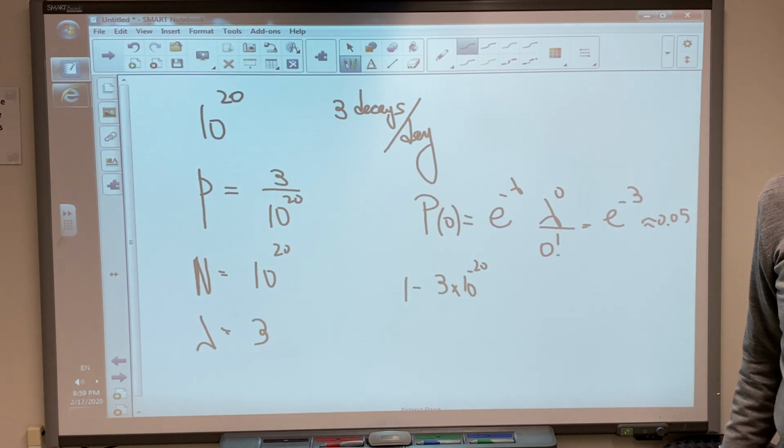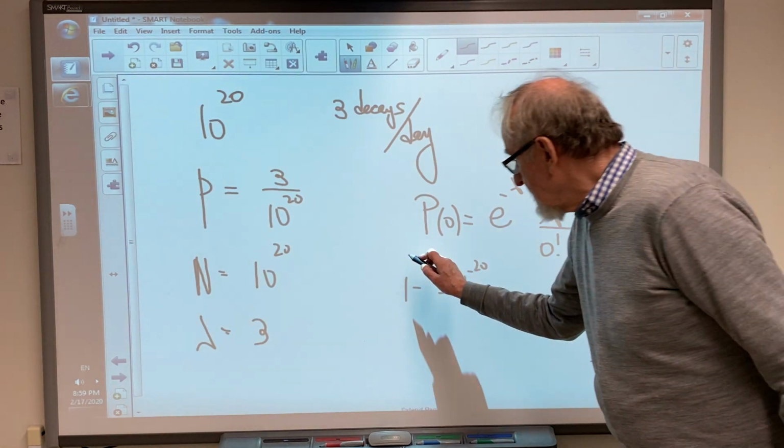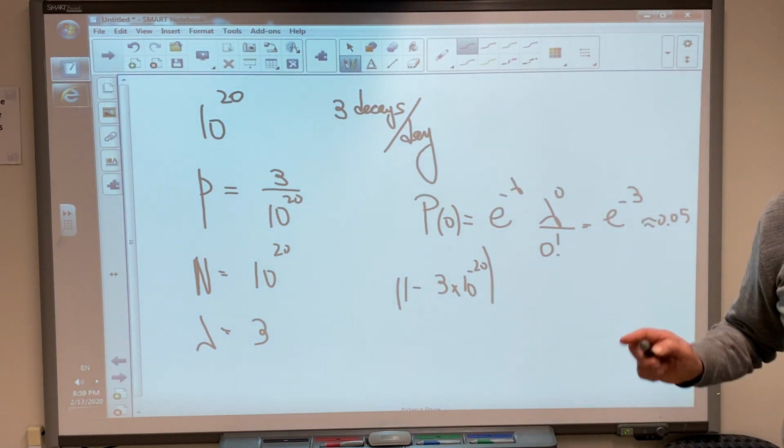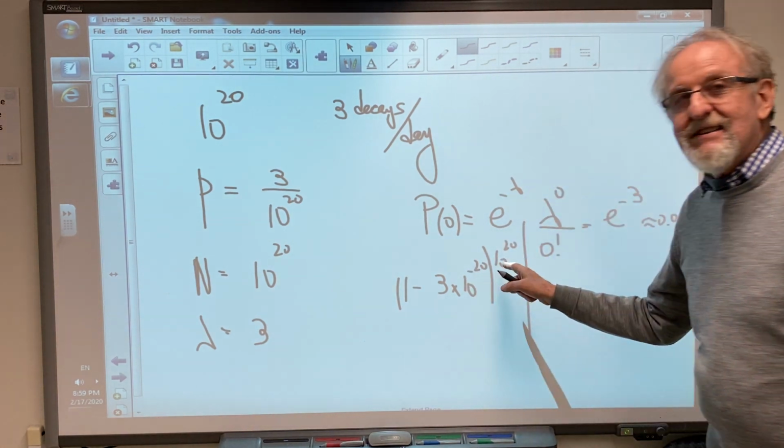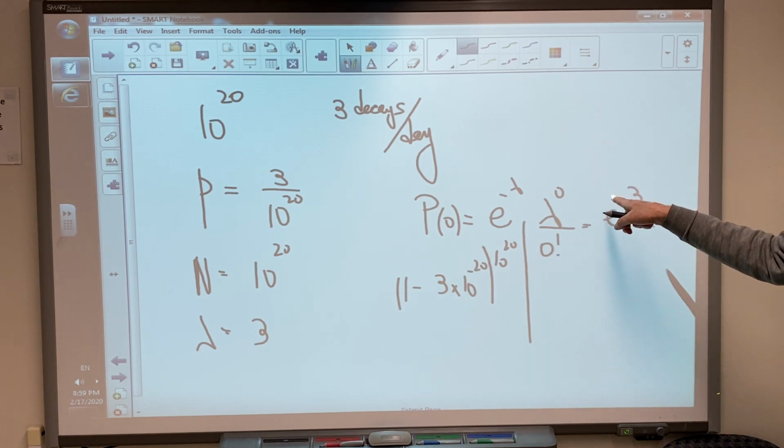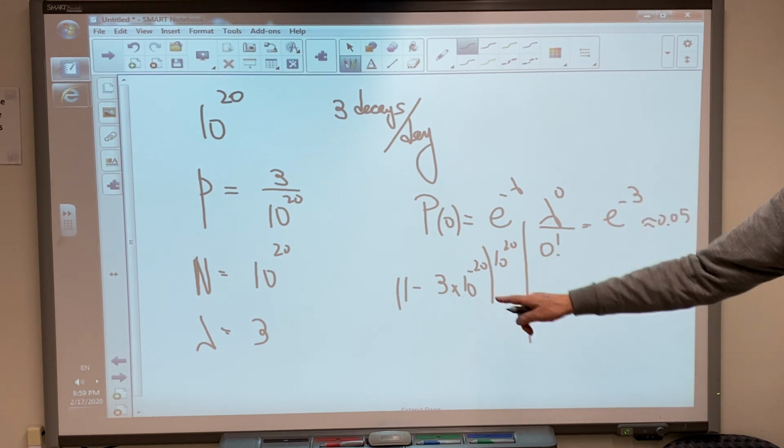And the probability that no atom decays is this number raised to the power 10 to the 20. You agree? This is the exact thing. This is the approximation we did. This is the exact thing.